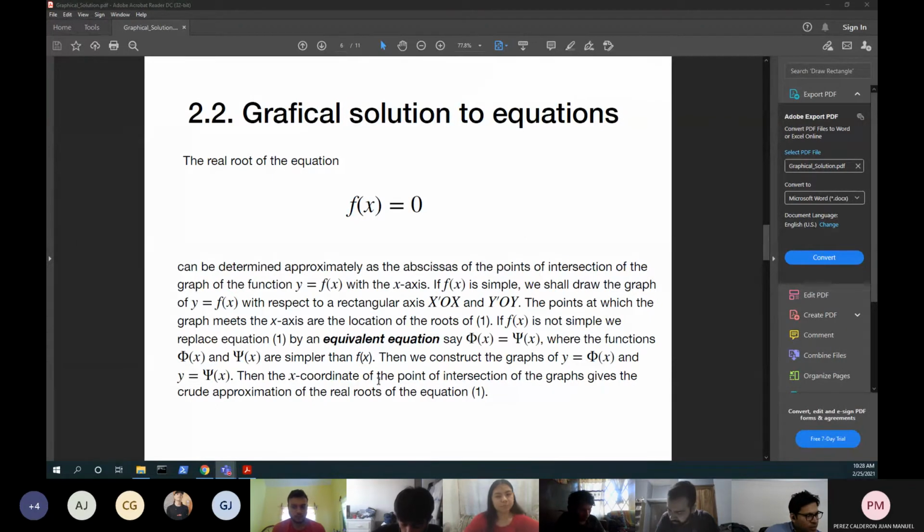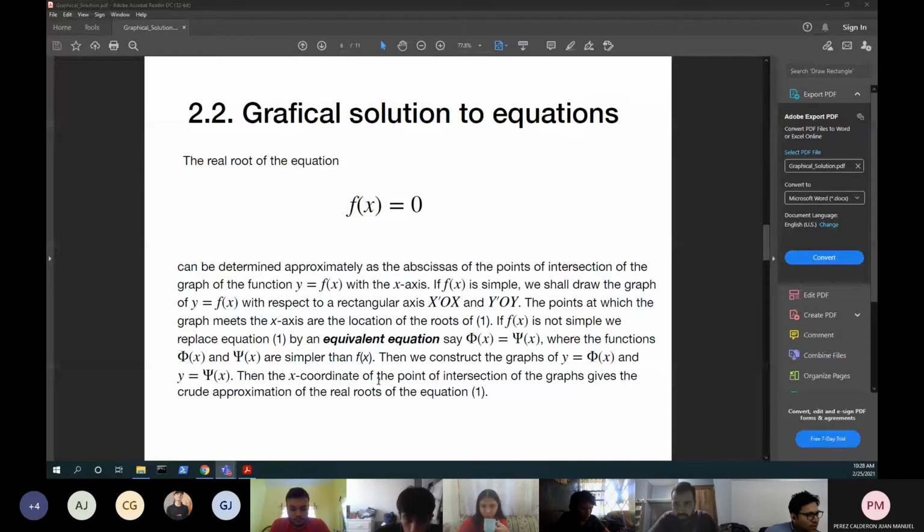To find the root of the equation, you have to calculate the value of x where the plots, or the graphs, or the lines meet or intersect. So that's what you do to obtain the roots.